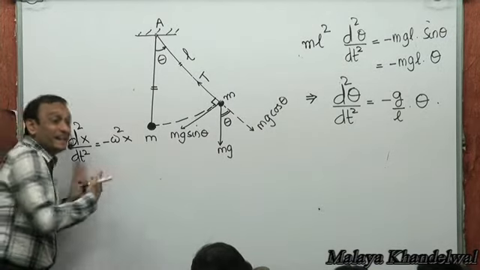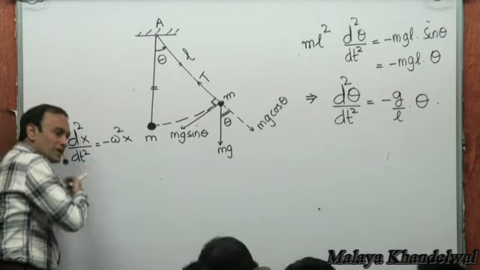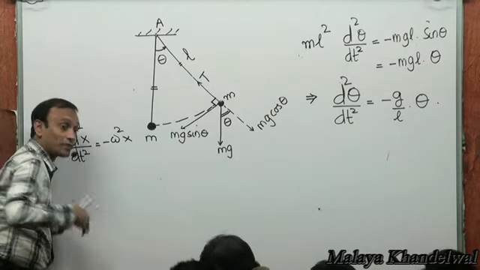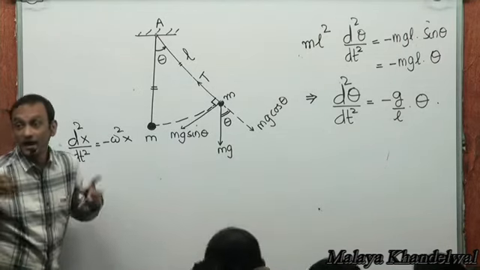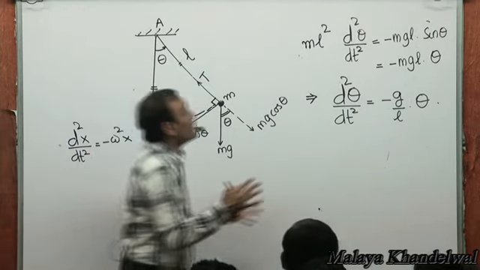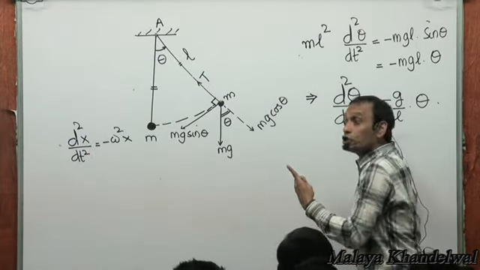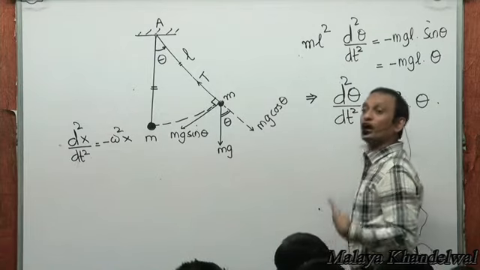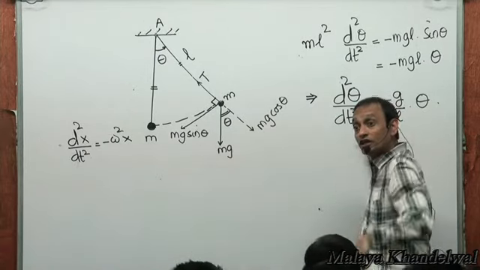This was linear simple harmonic motion, simple harmonic motion in x. In this case, theta is the harmonic variable. It is simple harmonic motion in theta.